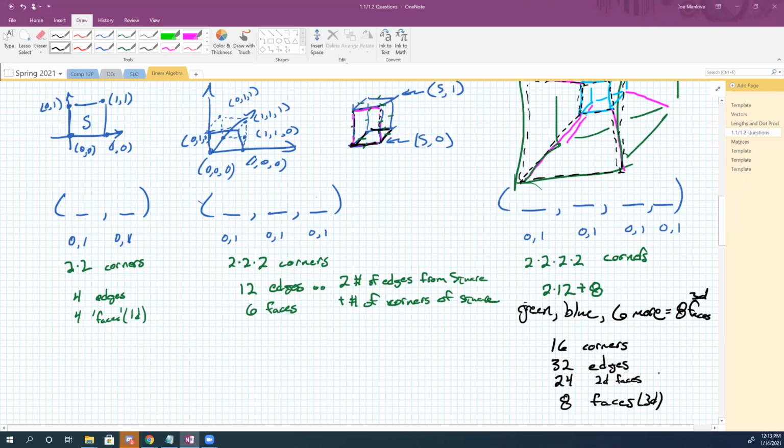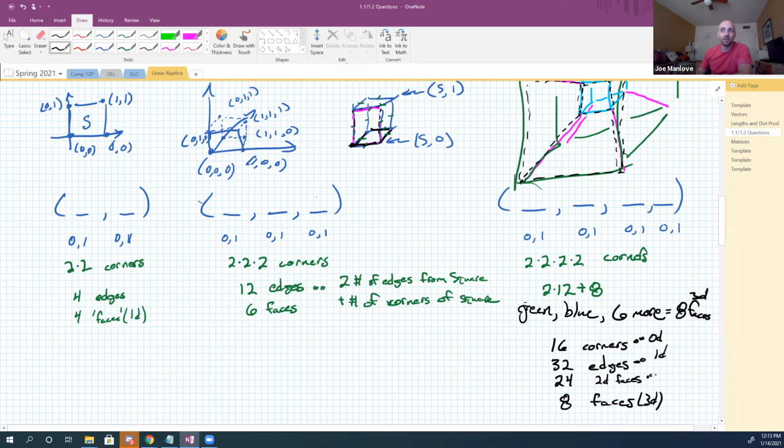Okay. So if you wanted better vocabulary, these are the 0D things, right? The corners. Those are the points. How many dimensions do edges have? Yeah, edges are 1-dimensional. These are 2-dimensional, and these are 3-dimensional. So mathematicians, being lazy, just call them all the same thing, but with the number attached.